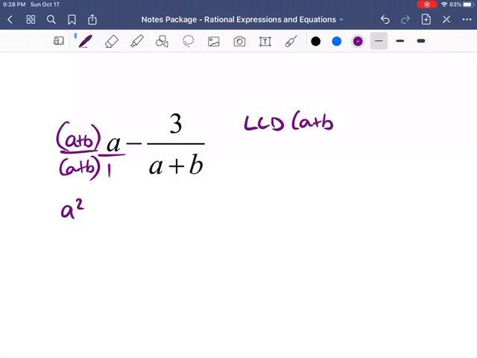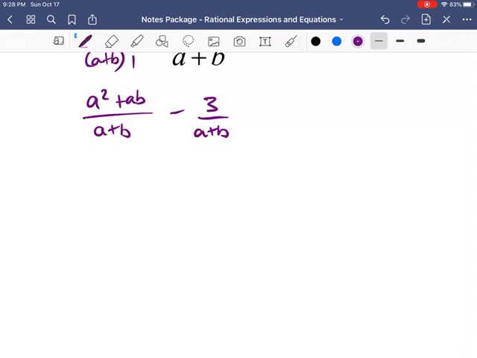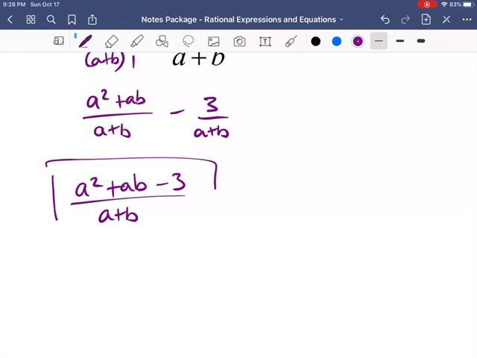And so you're going to get a squared plus ab over a plus b minus 3 over a plus b. Well, let's collect these like terms now, and you end up with a squared plus ab minus 3 over a plus b. And you can't factor the top, so this is as far as we're going to go. And your non-permissible values are a cannot equal negative b.